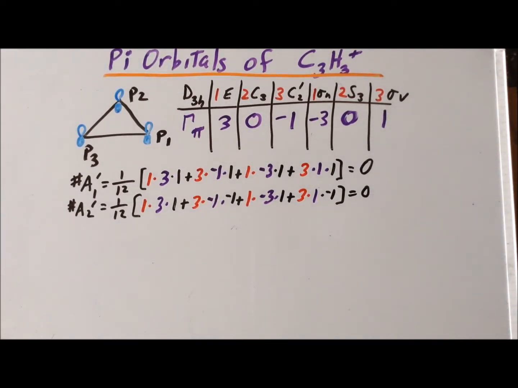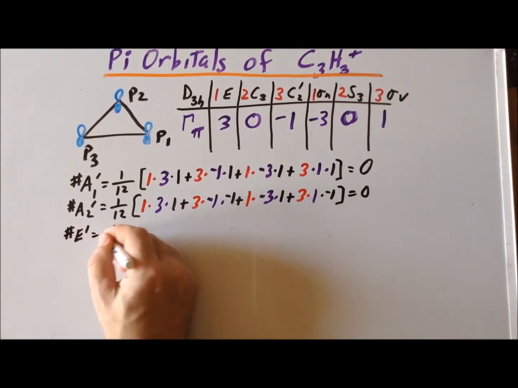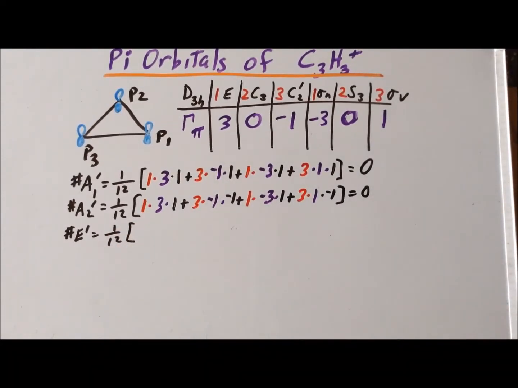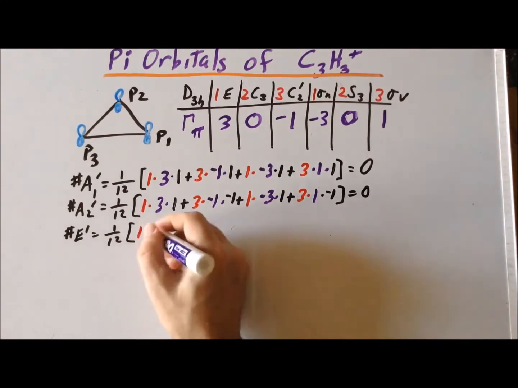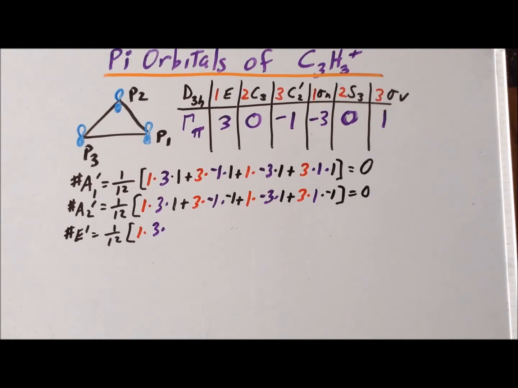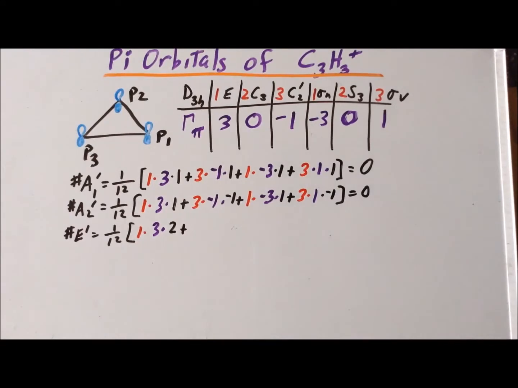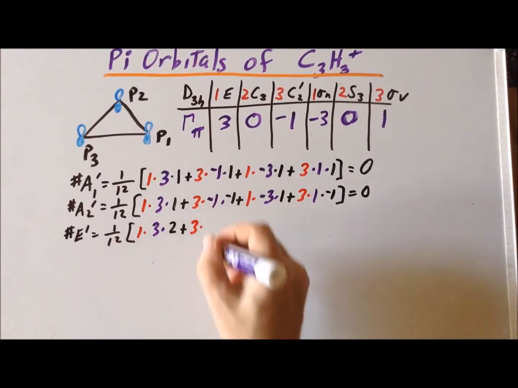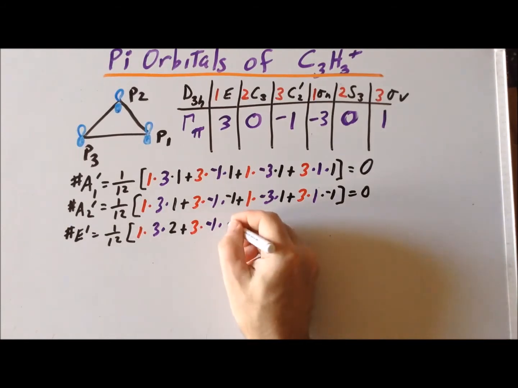The third irreducible representation in point group D3h is E prime. Times 3. And then the character from the irreducible representation E prime is a +2. -1. The character for C2 prime is a 0.